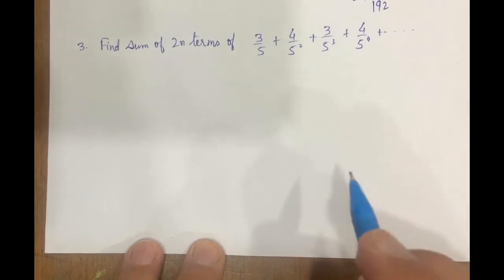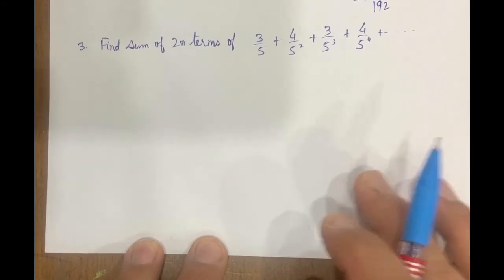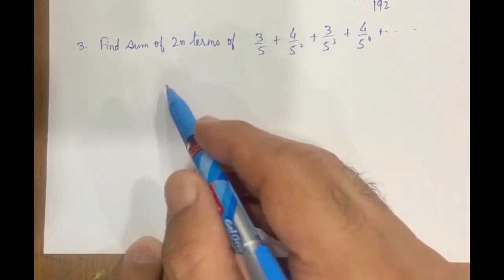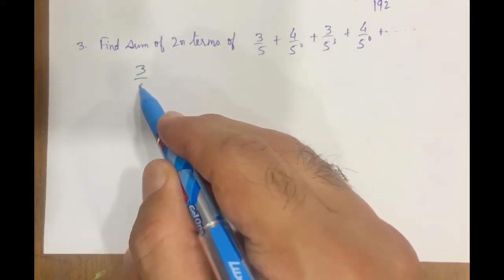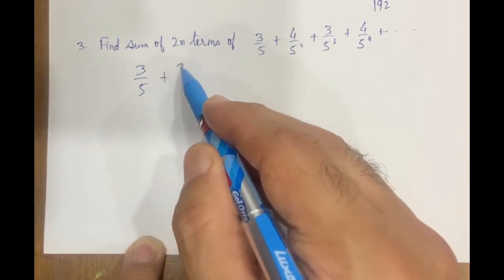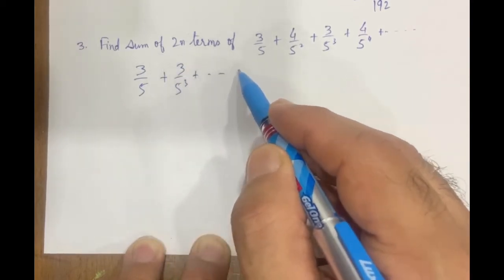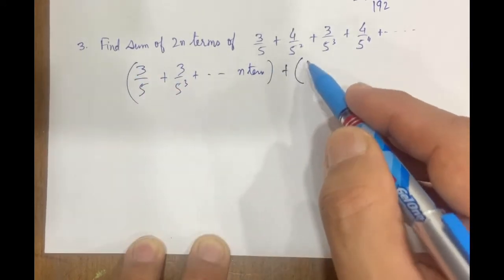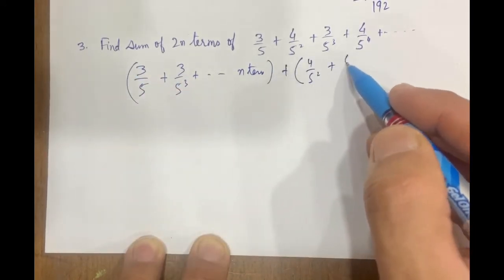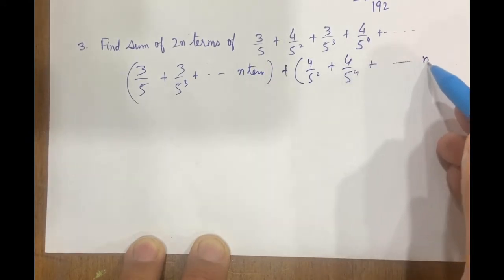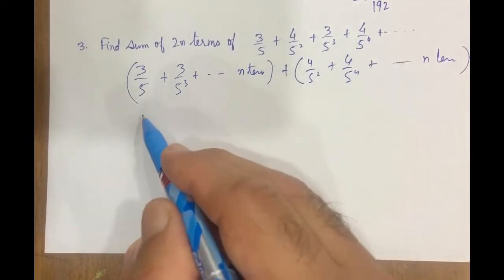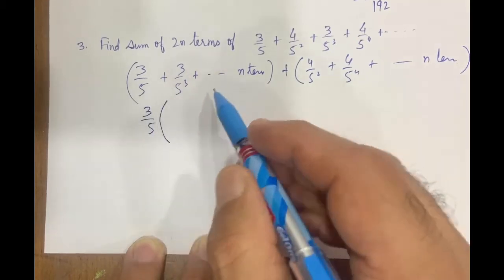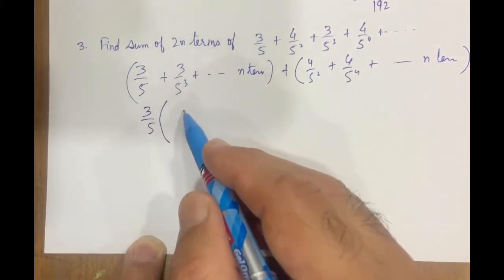The next one, we have to find the sum of 2n terms of the next series. This is not one GP, we can say there are two GPs: 3 by 5 plus 3 by 5 cube and so on, n terms of this series, and plus 4 by 5 square plus 4 by 5 raised to 4, n terms of the second. This is the first term, and the common ratio is 1 by 5 square.